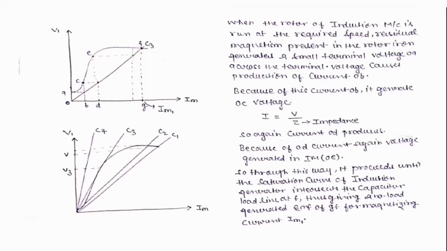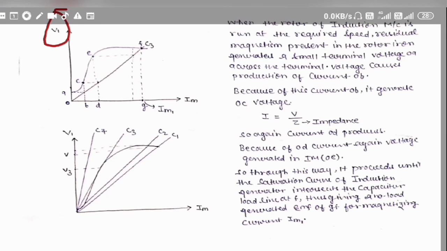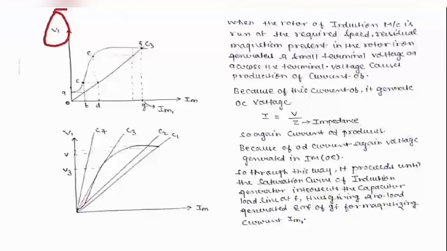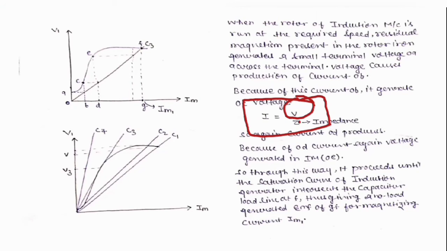That is the main important thing you should learn here. First of all, through the magnetization curve we know there is some residual flux available in the core. Due to this the voltage is generated. If the voltage generated is OA, then because I equals V by Z, with the impedance of the winding, a current is formed, that current is OB.